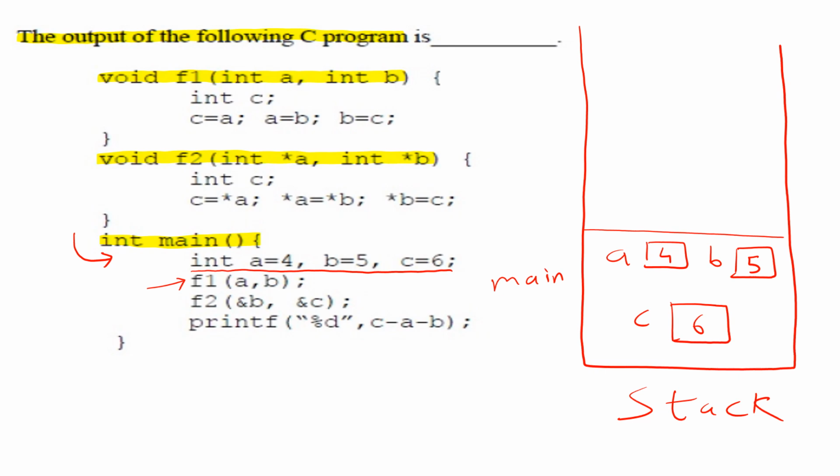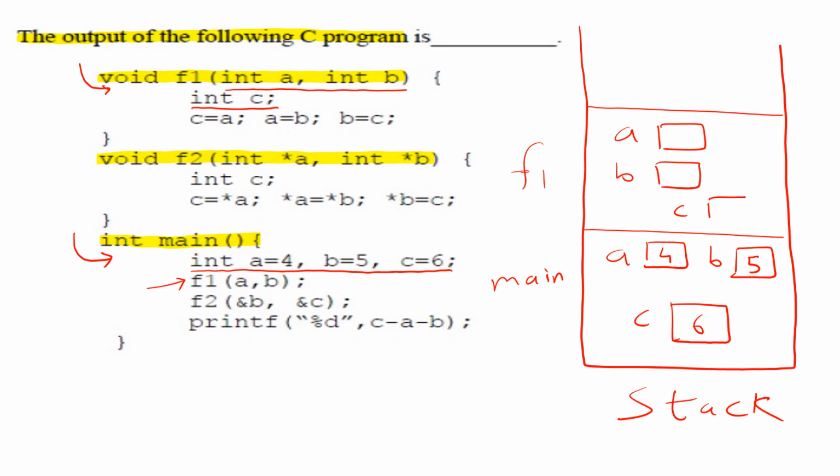So as soon as control comes to function F1, when you enter within function F1, a stack frame for function F1 is pushed onto the stack. What it would contain? It would contain memory for its parameters and the local variable, right? So it will have memory for A, it will have memory for B, and it will have memory for C.